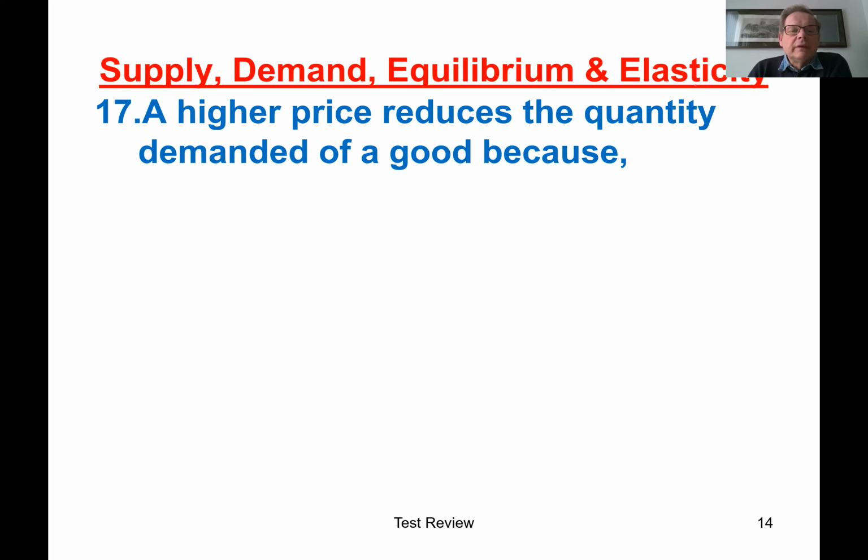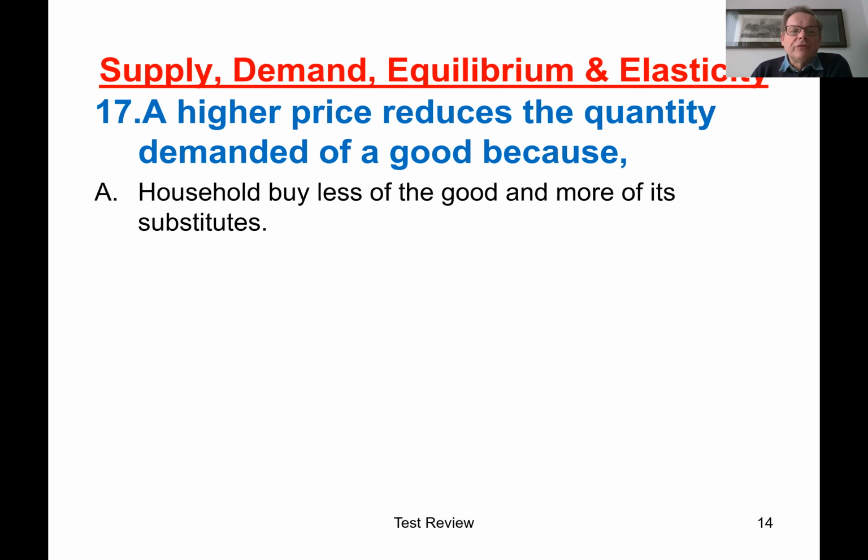Question number 17, a higher price reduces the quantity demanded for a good because households buy less of the good and more of its substitutes.